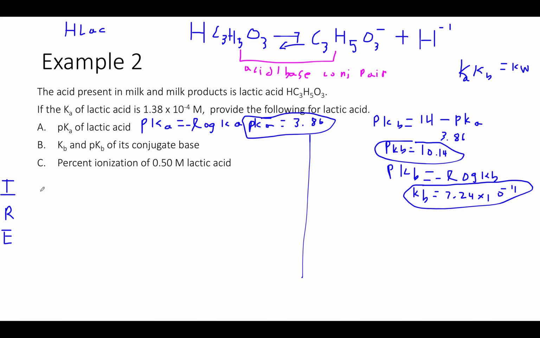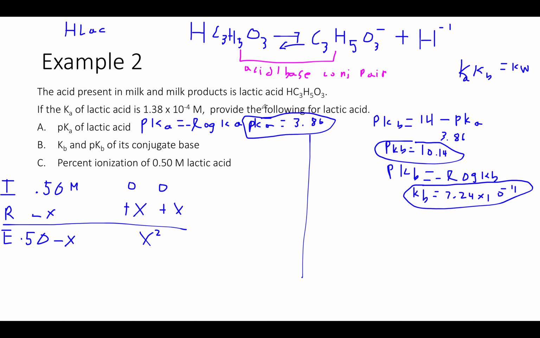So going from left to right, we're starting out with 0.5 molar of lactic acid. I don't have any product at this point. What am I reacting? Well, I'm going to lose X on the reactant side. I'm going to lose that proton, but I'm going to gain it on the product side. So what is my equilibrium concentration? Well, if I'm looking for X, it would be 0.5 minus X for the reactant side, and it would be X squared for the product side.